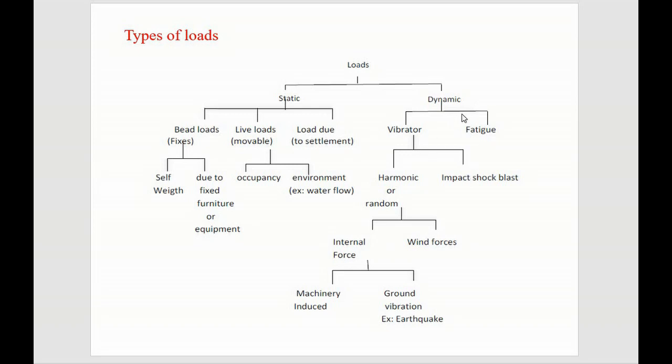You can see here, dynamic load is again subdivided into vibratory and fatigue. Under vibratory we have harmonic or random, and impact, shock, blast. What does this impact load mean? If there is a sudden accident on a bridge, it may affect the bridge. That too is called an impact load. Again this harmonic load is divided into internal force and wind force.